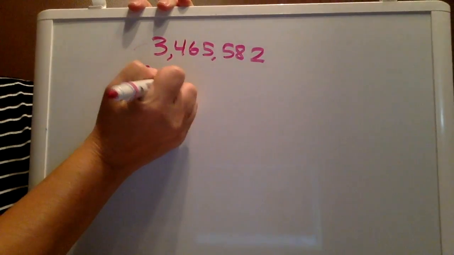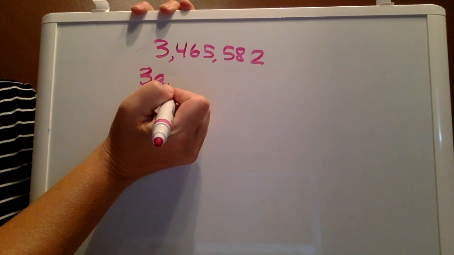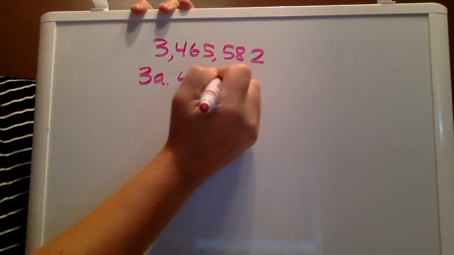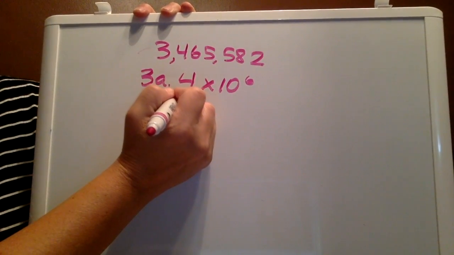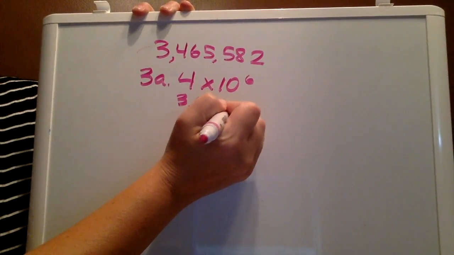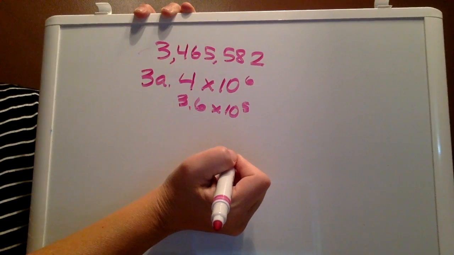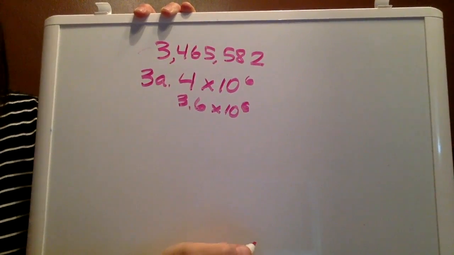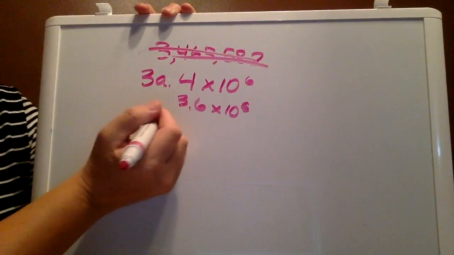So for 3a, when it says 3,612,500 centimeters, we could just write that as 4 times 10 to the 6th. Of course, you could do 3.6 times 10 to the 6th power if you wanted to keep 2 of the digits. But this is not the same example there, by the way. That was just showing you before we got started.